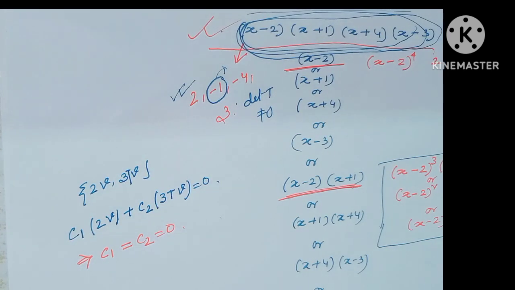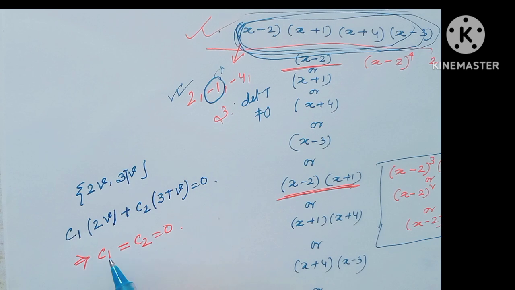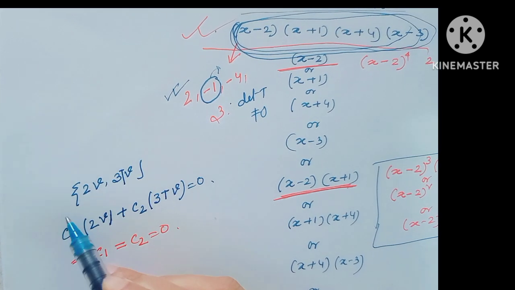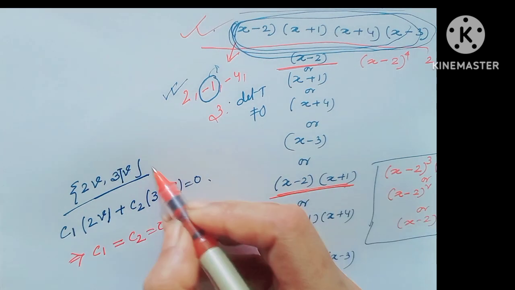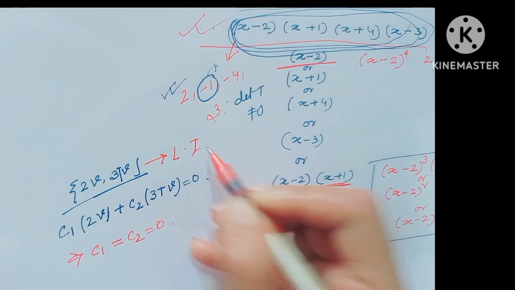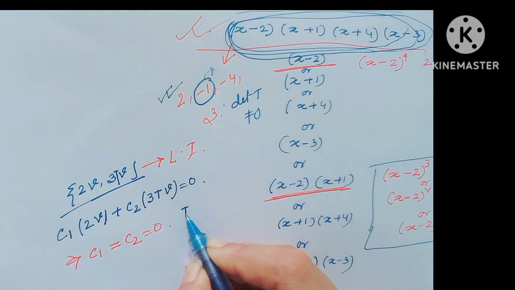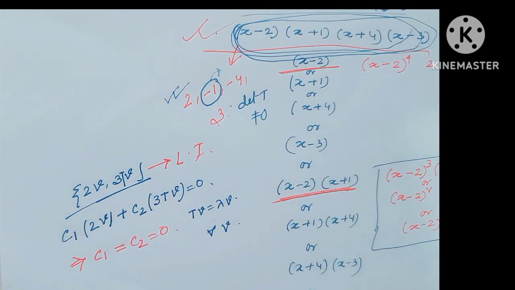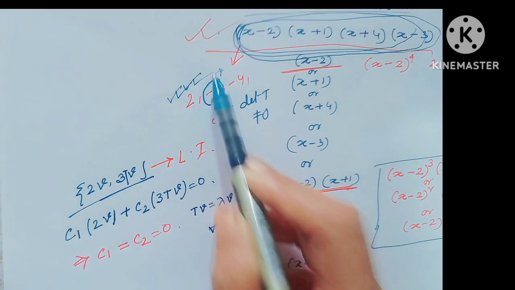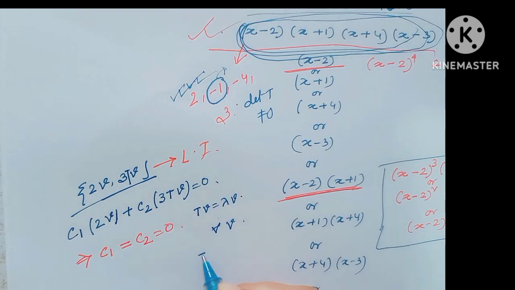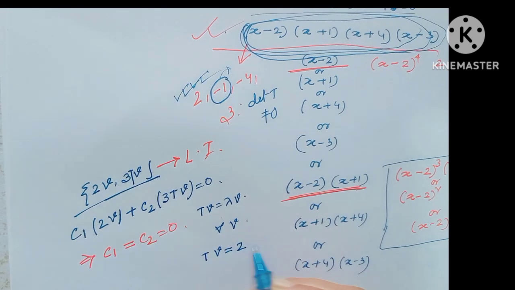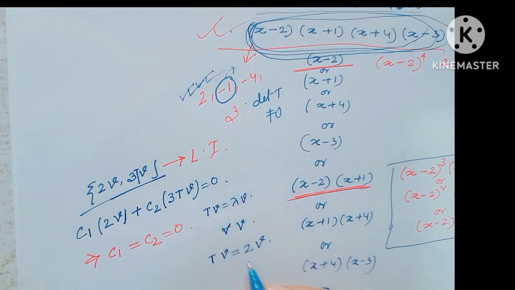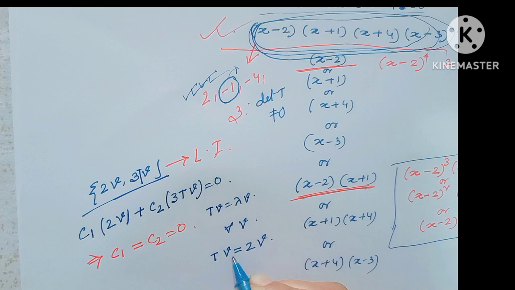Is it possible? Then we can tell this set is linearly independent. But here Tv means lambda v, and this is true for all v. Since 2 is an eigenvalue of this operator, that means Tv equal to 2 times v. This is possible.